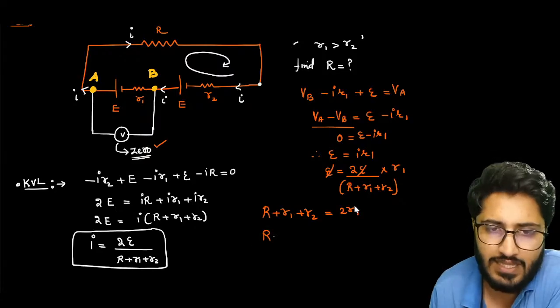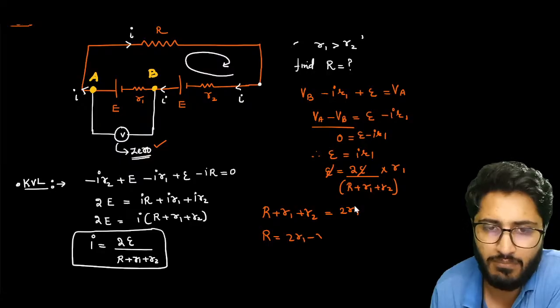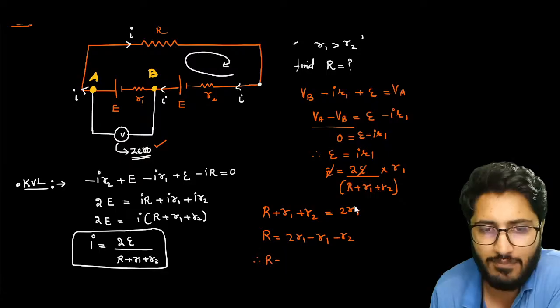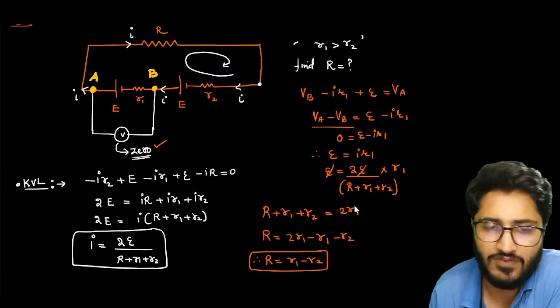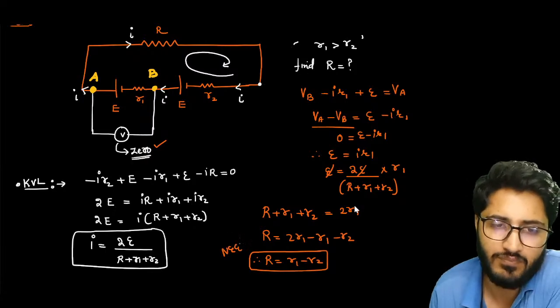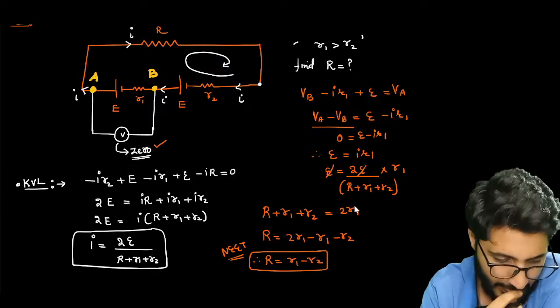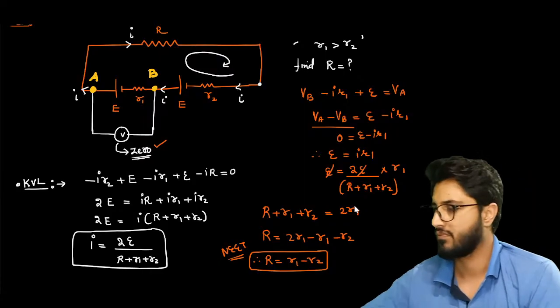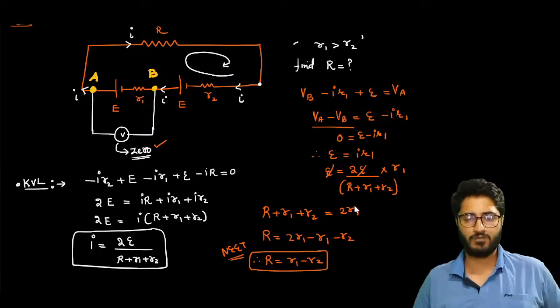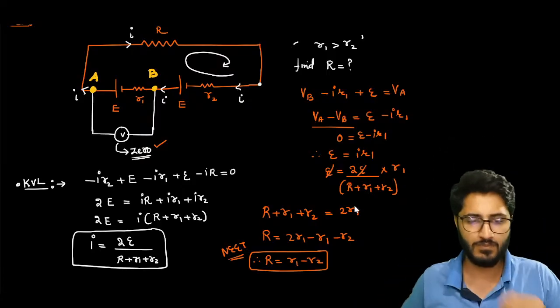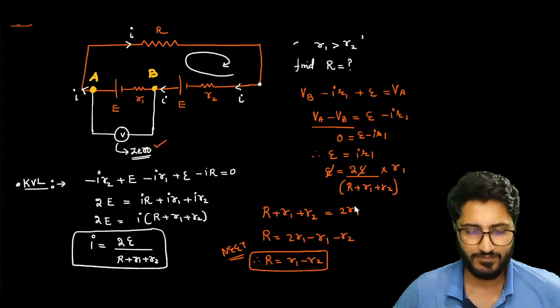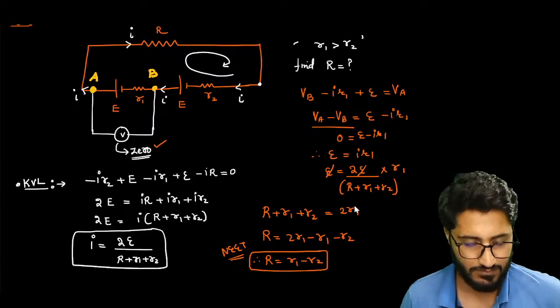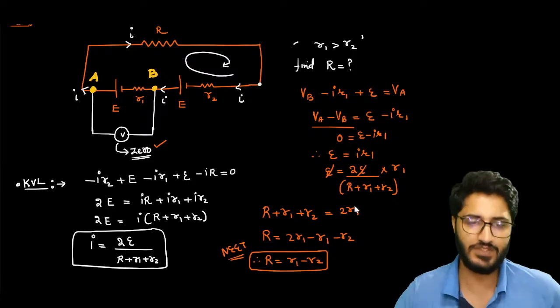So R came out to be 2R1 minus R1 minus R2. So therefore my R came out to be R1 minus R2. And this one is my NEET PYQ. An easy one also, okay? Done, beta? Easy?